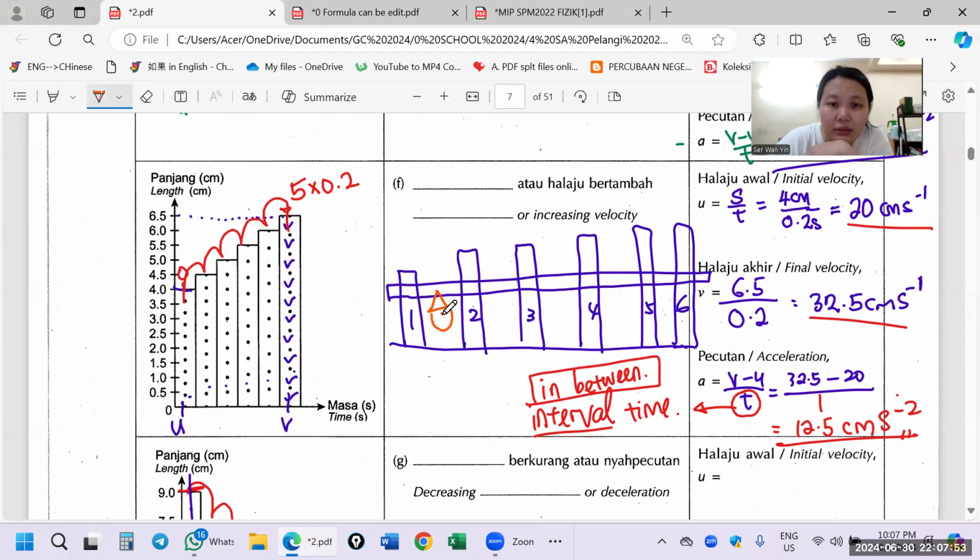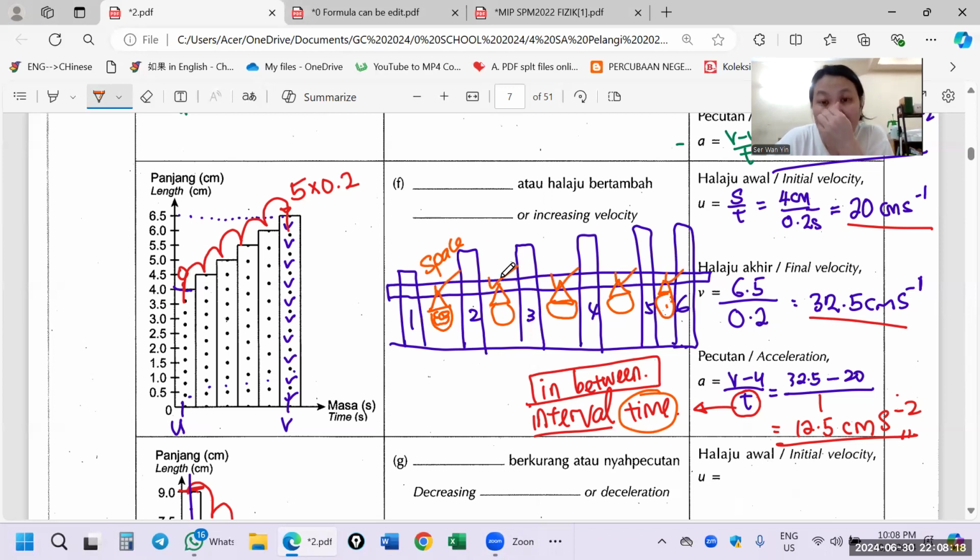Pot 1, pot 2, pot 3, pot 4, pot 5. Yes, 5. So the time interval is like the space in between.